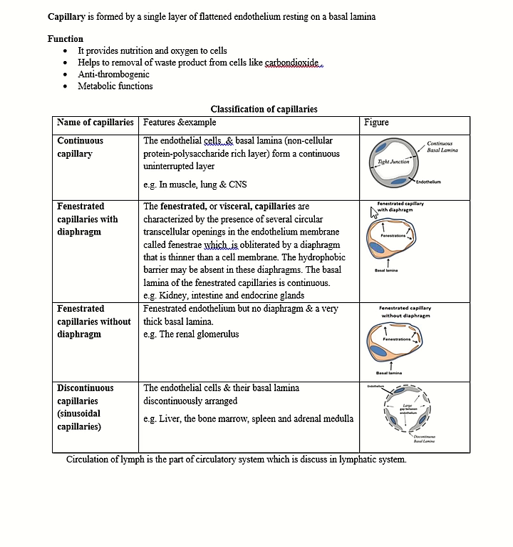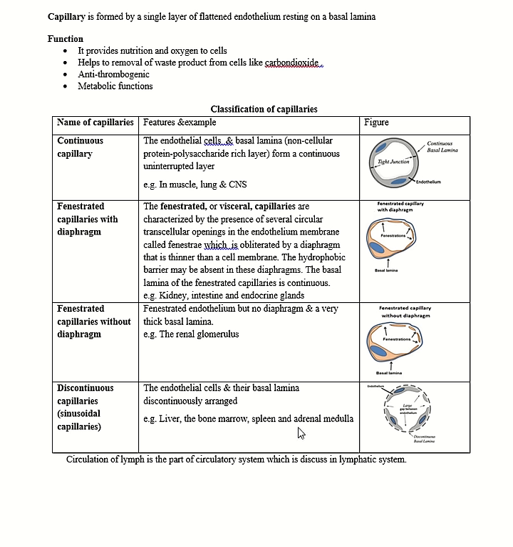So what is a fenestra? A fenestra is a tiny pore present within the endothelium. When this tiny pore of the endothelium is covered by a small membrane, the diaphragm, this is known as the fenestrated capillary with diaphragm. When no membrane is present, this is known as the fenestrated capillary without diaphragm.